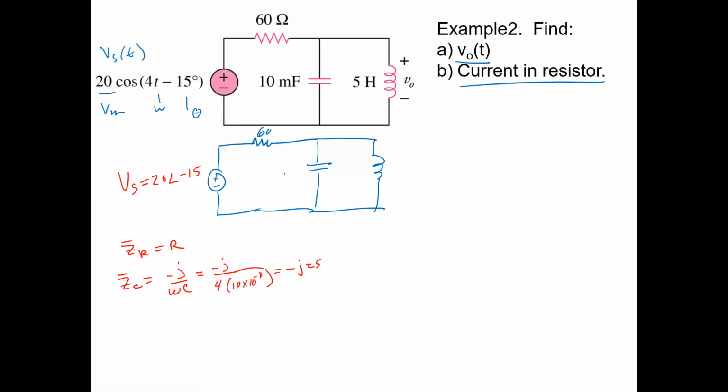So you just have an impedance of minus J25 there. And ZL, which is J omega L, is just going to be J times 4 times 5.